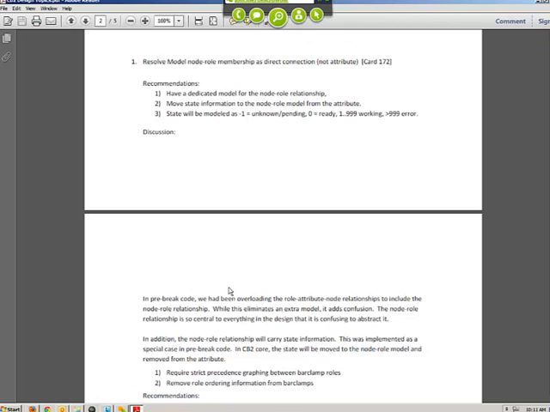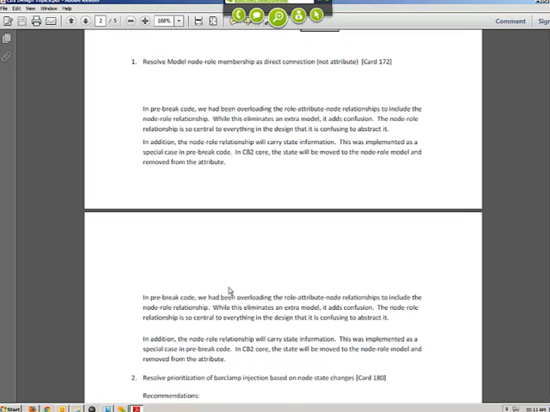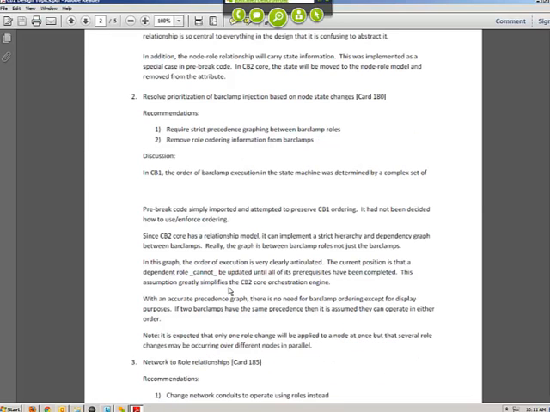Number 2, please. This comes into part of the orchestration engine, streamlining the orchestration engine. This is something that Victor's really been a champion of, and to me this makes a lot of sense.